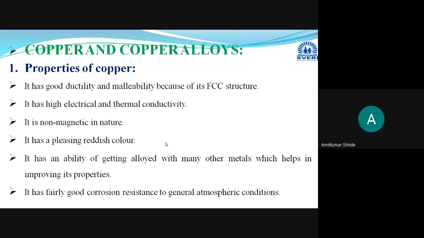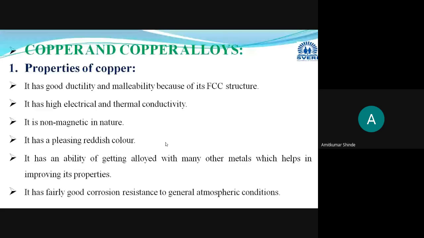When copper forms alloy with zinc, means copper has alloying element as zinc, then it will be termed as brass. And when the alloying element is other than zinc, it may be nickel, it may be tin, it may be aluminum, it may be any other alloying element, then depending on that, bronzes will be there.